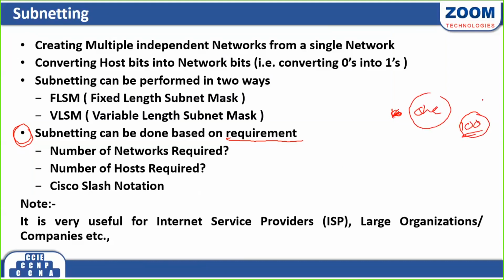If it is not divided, one network can be given to only one customer, which is not possible to survive. So service providers take one network, customize it, and divide it into multiple networks, each going to one customer.